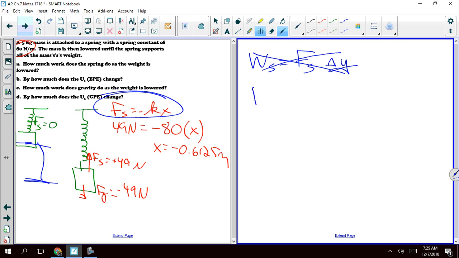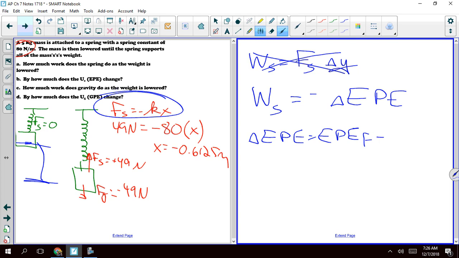So the only way we can calculate the work done by the spring here is to figure out the change in elastic potential energy and recognize that the work done by the spring is the opposite of that. Change in elastic potential energy is elastic potential energy final minus elastic potential energy initial.